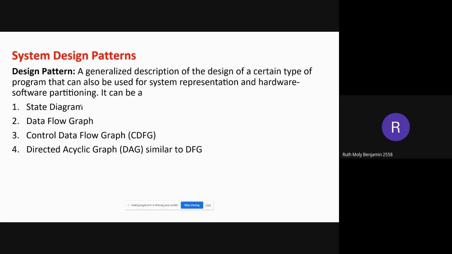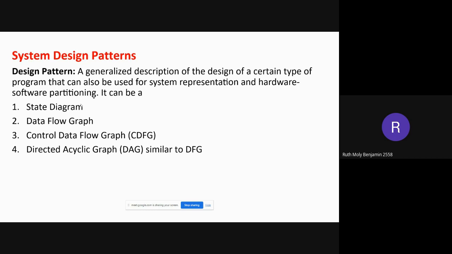If a question regarding that is asked, you have to write whatever you have learned in your first and second module about what is a state diagram, what is a data flow diagram, what is a control data flow diagram. You should be able to explain what is meant by that, give an example of that, and if an application is given and you are asked to draw a state diagram, a data flow diagram, or a CDFG, that is, control data flow graph, you should be able to do that.